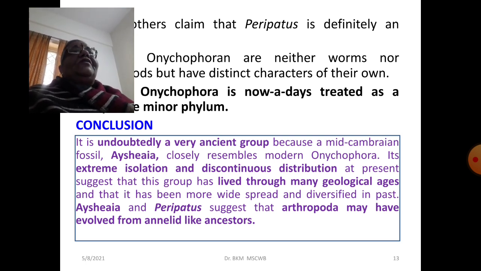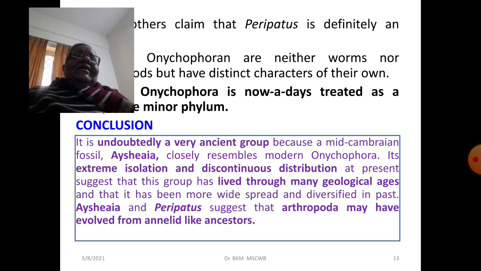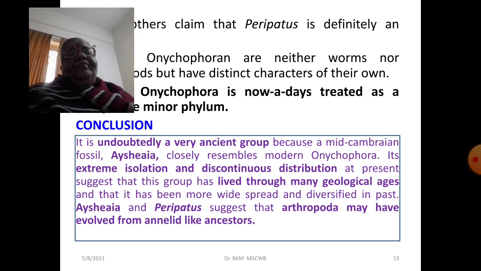We have procured it to show you how a Peripatus looks. Okay. So, this discontinuous distribution at present suggests that this animal has lived through many geological ages and it was more widespread and diversified in the past, not now.